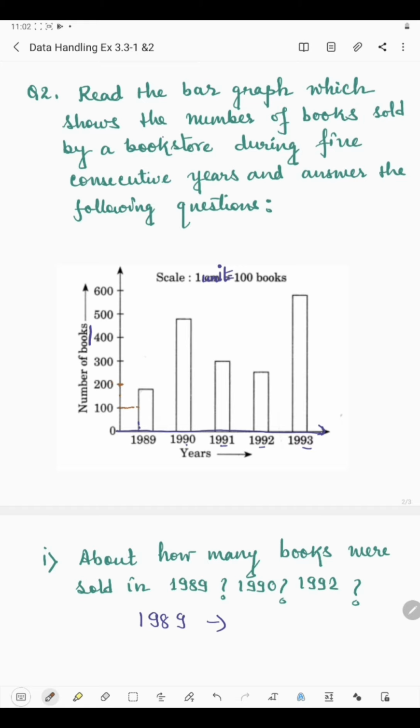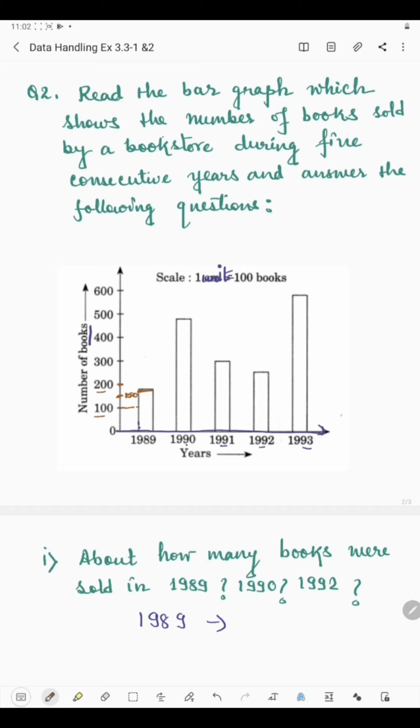Now see this, when you see this height of the bar, it is more than 100 but less than 200, right? Exactly between 100 and 200 is 150. That means here is 150.